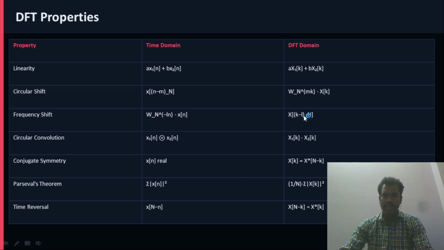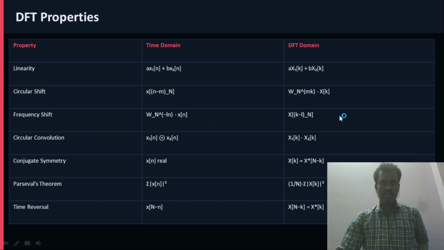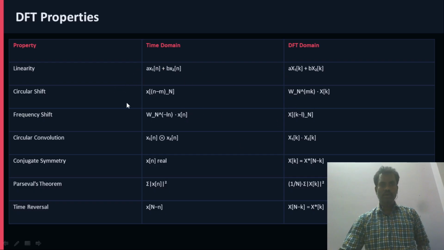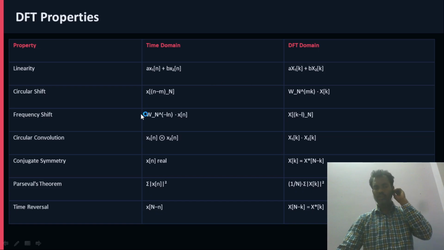Here k is shifted to L, so in the kernel k will be replaced by L. So W_N whole power minus Ln is the kernel we multiply in the counterpart domain signal. So the counterpart of frequency is time: x of n into W_N power minus Ln. That's the property of both shift in time as well as frequency.